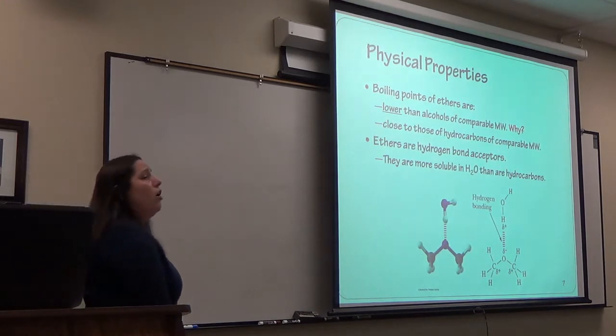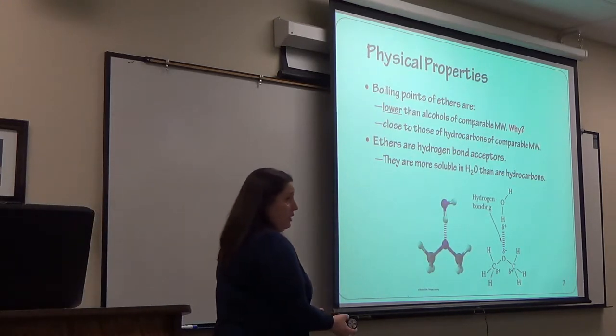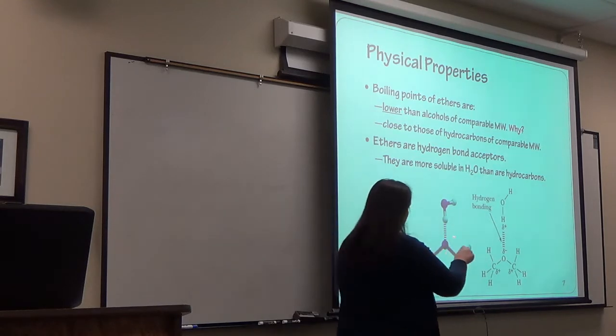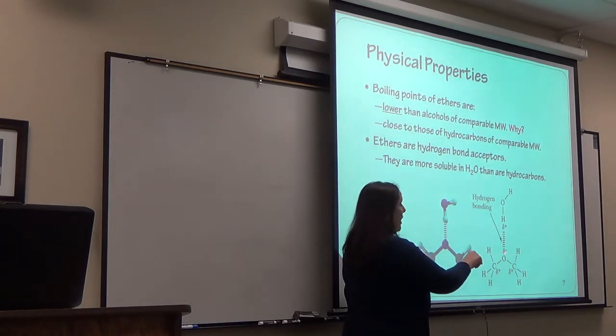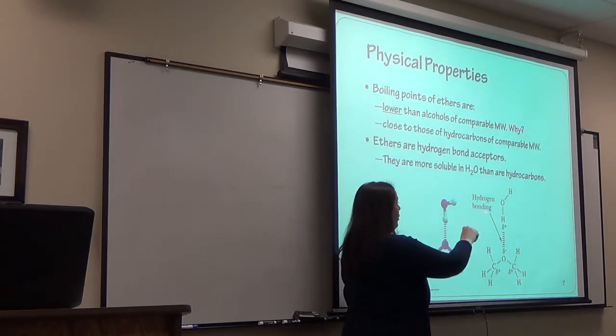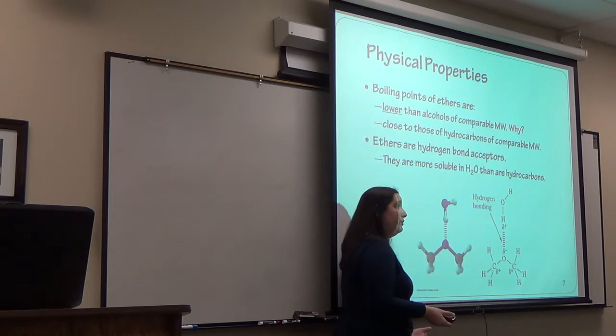Now ethers are hydrogen bond acceptors. The oxygen is going to have that partial negative charge. So let's say you were in water. Water would have the hydrogen to interact with the oxygen and make a hydrogen bond.